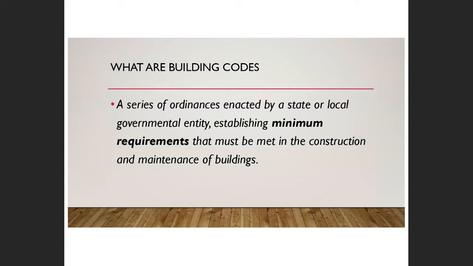You can always build a better, higher quality building than what the code mandates. You can put in more toilets than what the code mandates, whatever you want to do. But a building code sets a minimum requirement that you must meet when you're building a property.